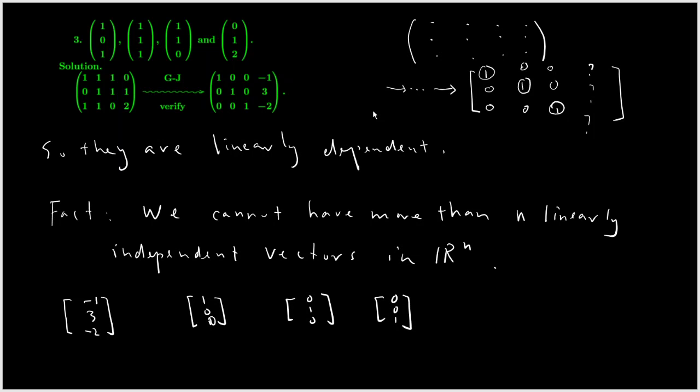Now my question was, is it possible to write the last column as a linear combination of the first 3 columns? If yes, what are the coefficients? I'm looking for the 3 question marks. What are the 3 question marks?